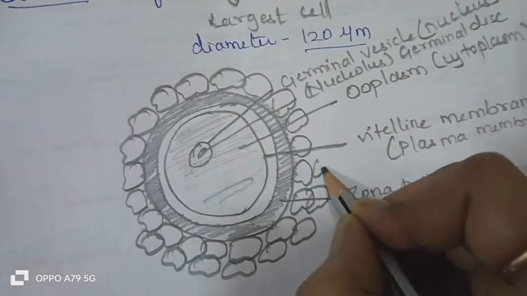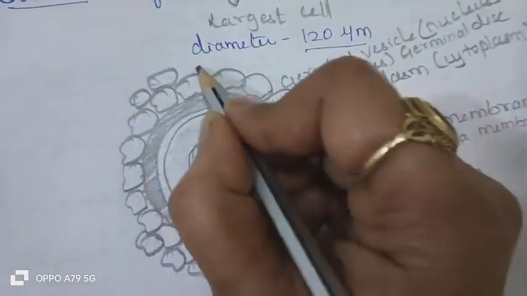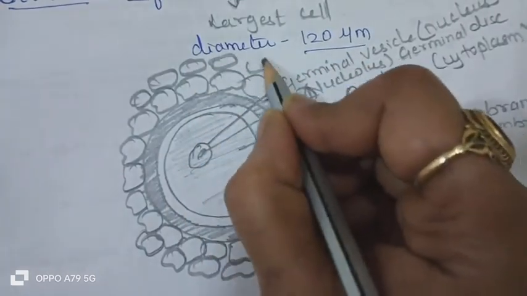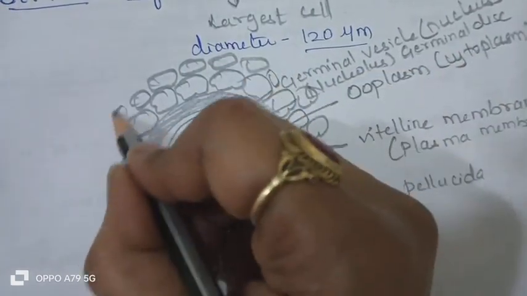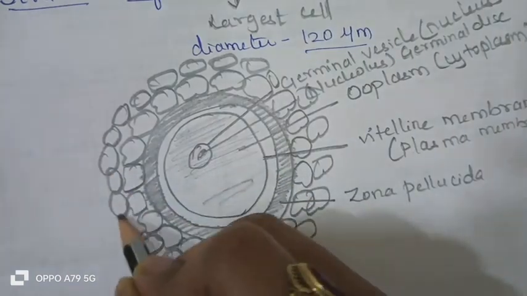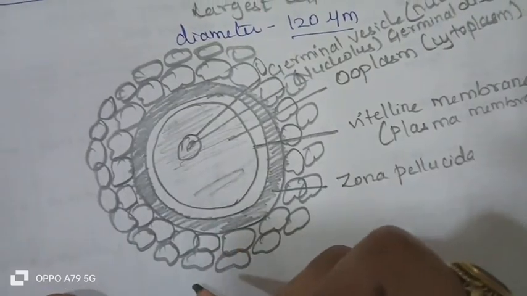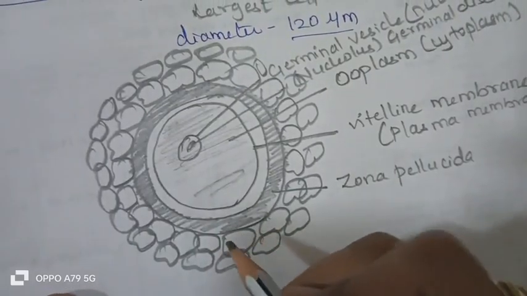These cells are surrounding the zona pellucida. The zona pellucida and corona radiata, what are their functions? These are helpful for protection and even helpful during fertilization. How fertilization takes place, all that I shall discuss in our next video.